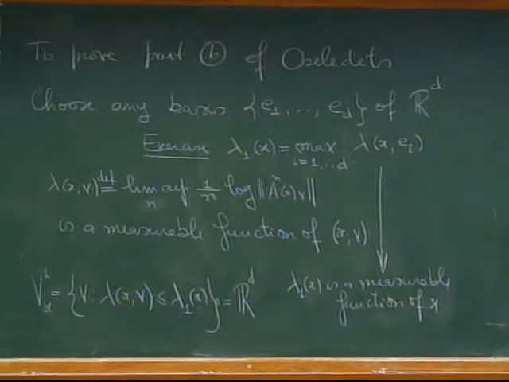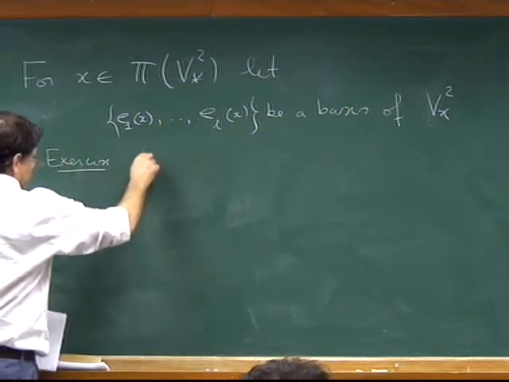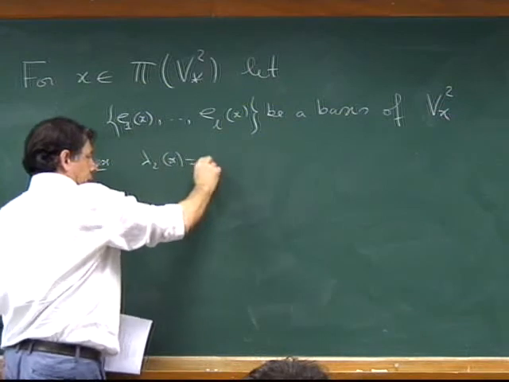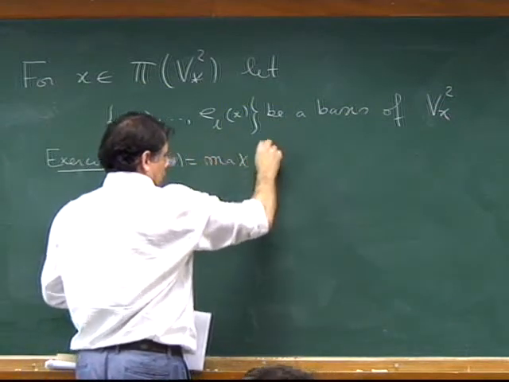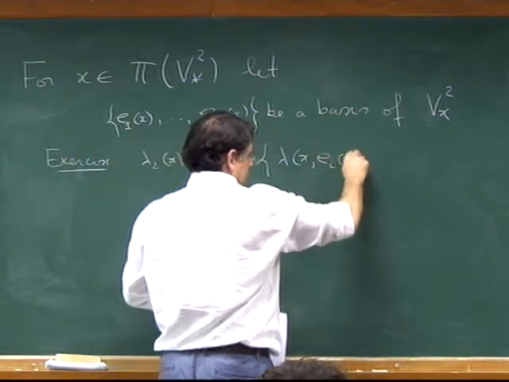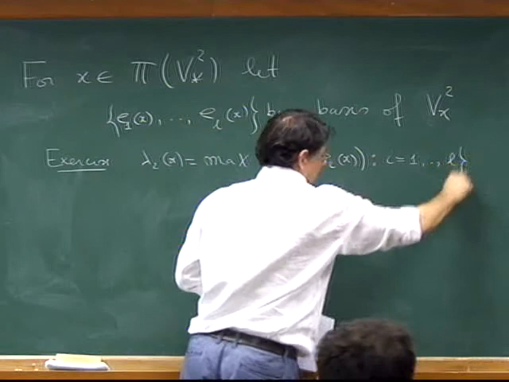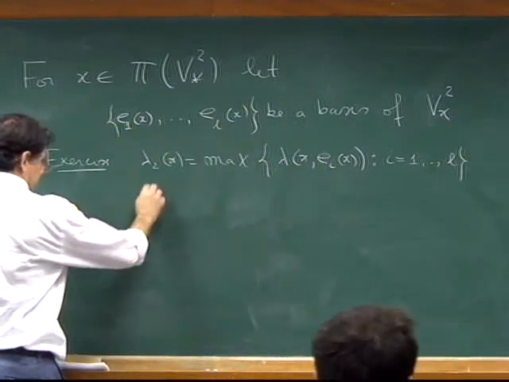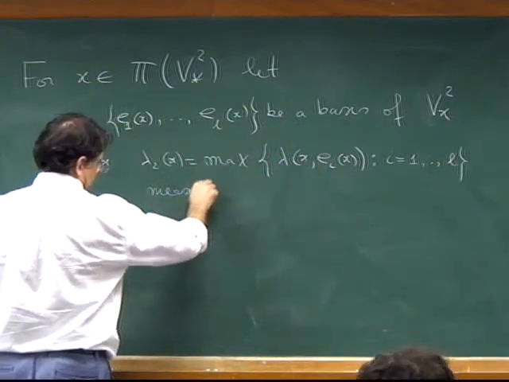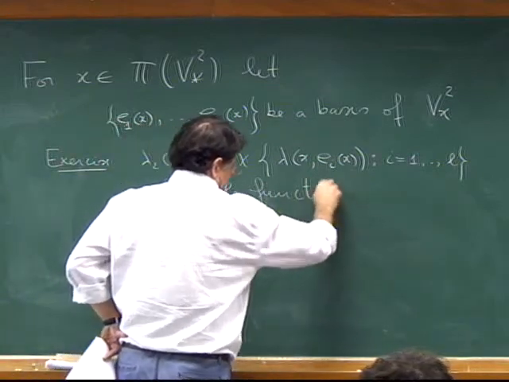Then, if you want, as an exercise, lambda_2(x) is the maximum of lambda(x, e_i(x)), i from 1 to L. And this is a measurable function of x.